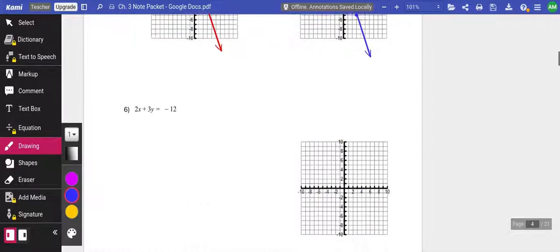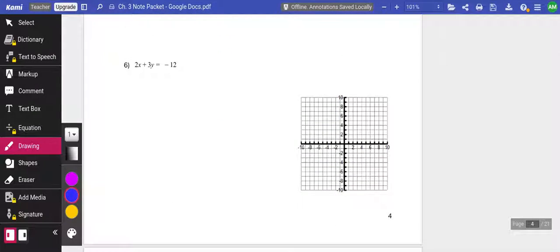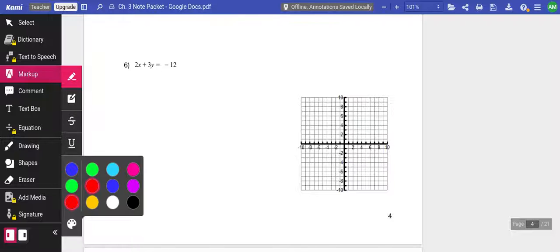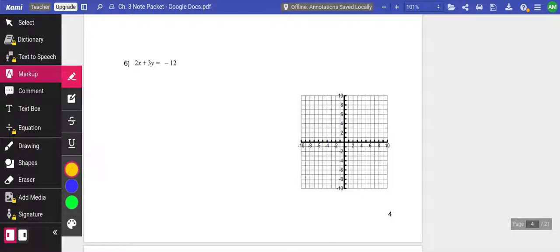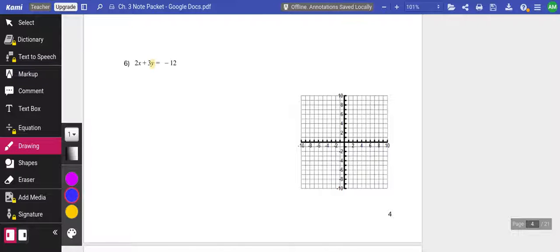All right, we have one more. Looking at our equation for this one looks nothing like the others. But as always, we're going to try to get y by itself. So in order to get y by itself, we're going to need to do a couple things. Guys, think back to literal equations. When we go get y by itself, we're going to need to first get this 2x to move away from it.